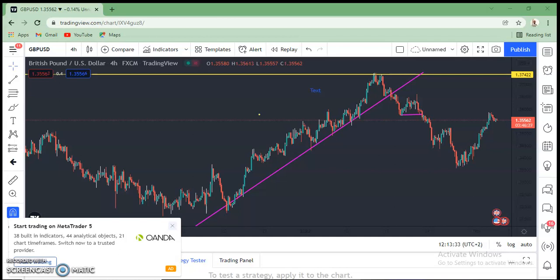Previously we learned about trend lines. We learned where we should execute the market, and we learned how to draw trend lines.